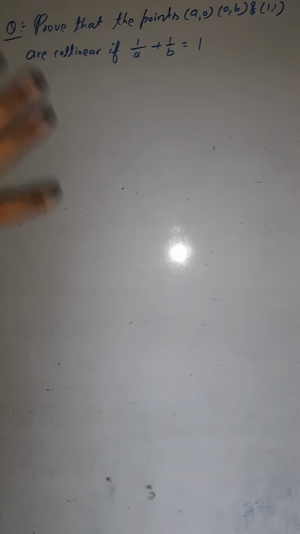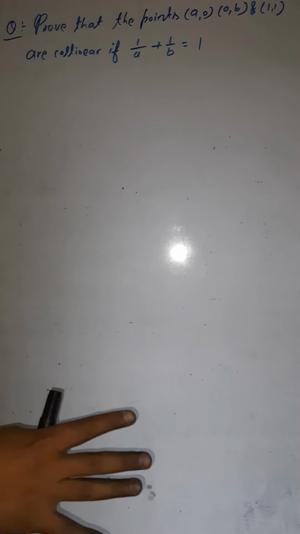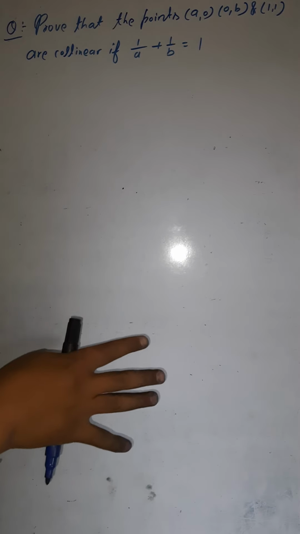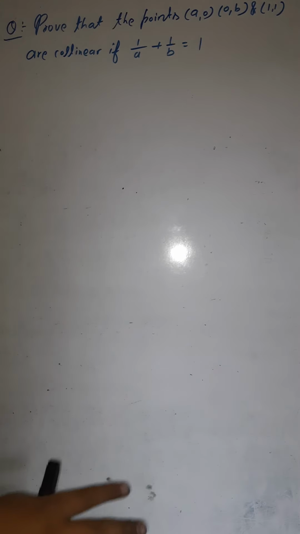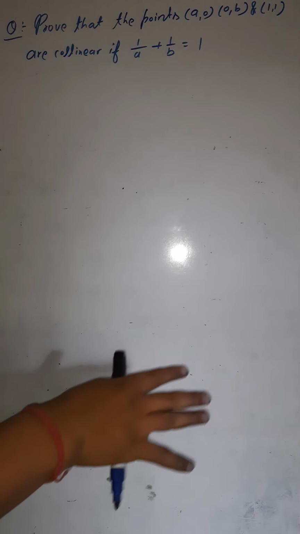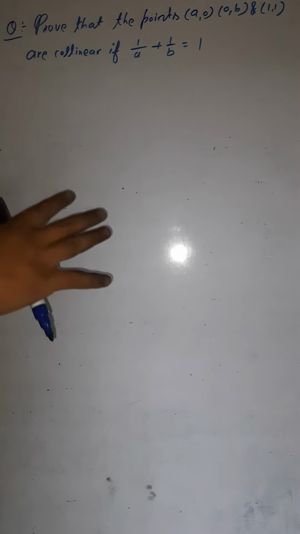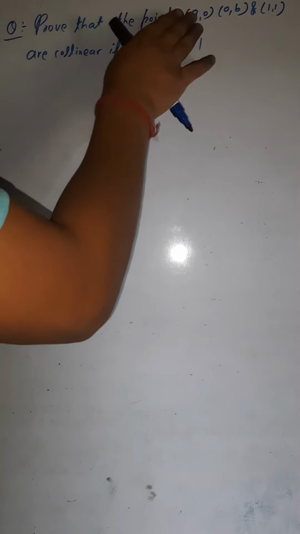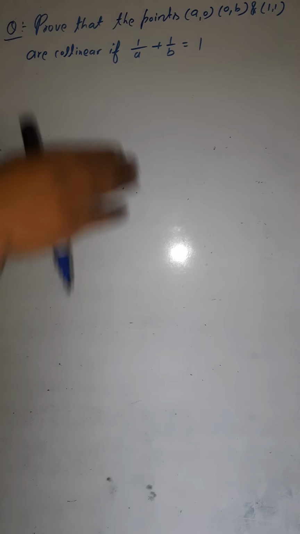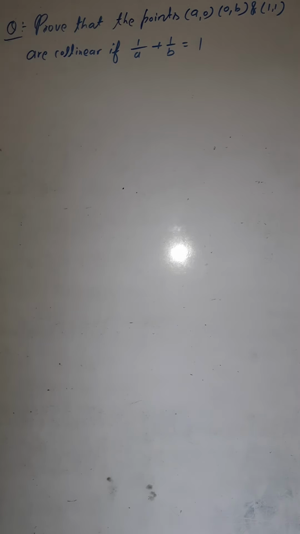Remember this? Yes, in the previous video we have already discussed it. So to prove whether the given points are collinear or not, you would find out the area of the triangle. If it is 0, then you would call these points collinear. So here in this case also we would find out the area of the triangle.